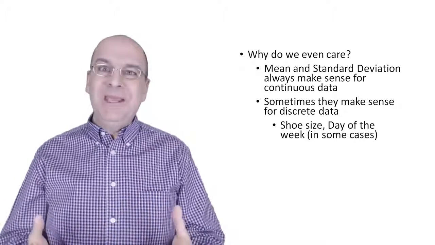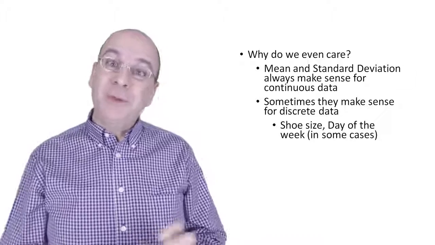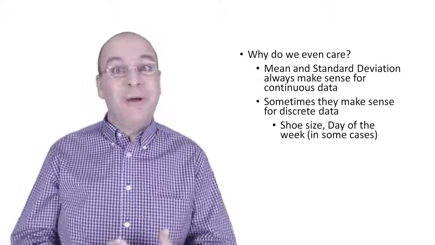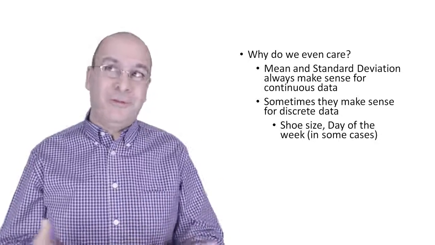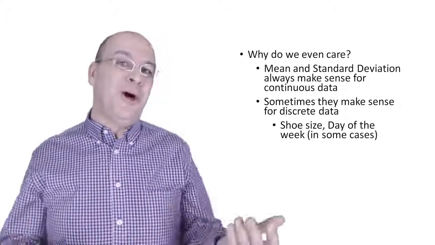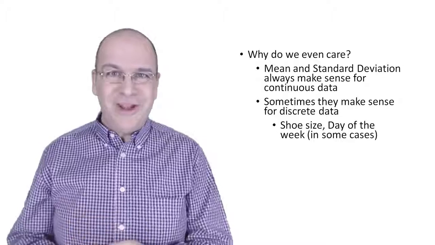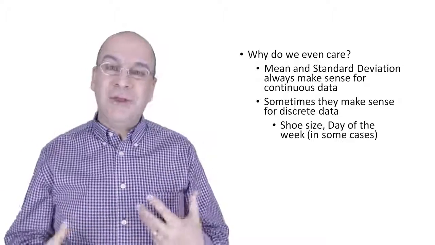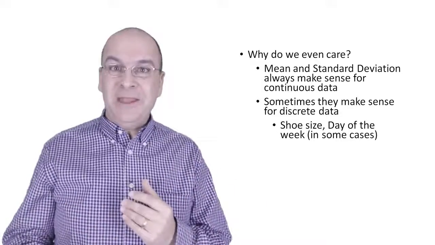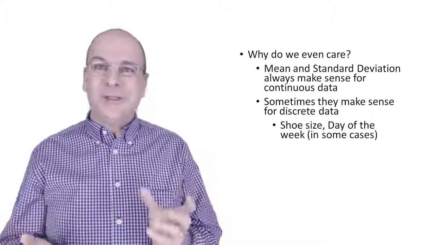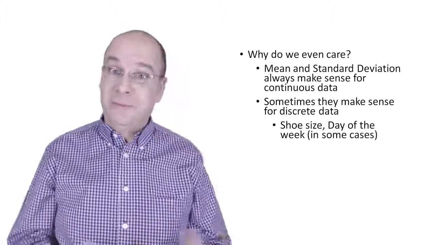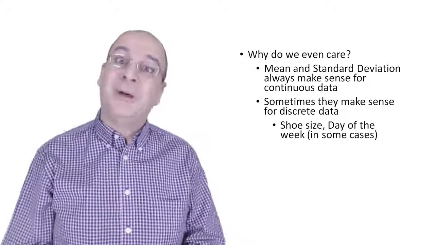and the spread, the shape of the distribution, if you will, from standard deviation. We could maybe use mean on something like days of the week if we encoded the days of the week, Monday is 1 and Tuesday is 2 and so on. If we were trying to figure out, for example, the central tendency of when people take a long lunch, I might take a long lunch on Saturday and you might take a long lunch on Tuesday, but if we gathered some data, we could maybe average all that data together and say, oh, it looks like most people are taking a long lunch on Friday because it's the last day of work for many people and we don't want to be there anymore, the weekend's coming and so on.